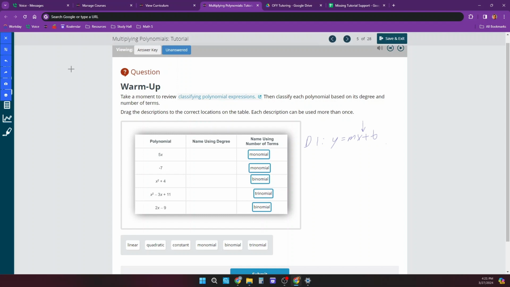And I can't delete, so let's actually manually click that. So if we had the expression 3x plus 2, we have our one variable and it has a degree of 1. And this is a linear equation. This is the equation of a line.